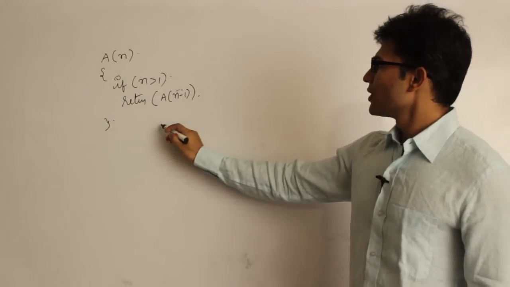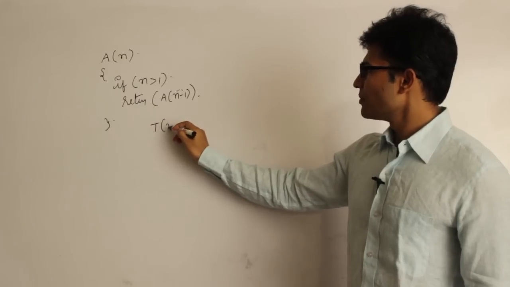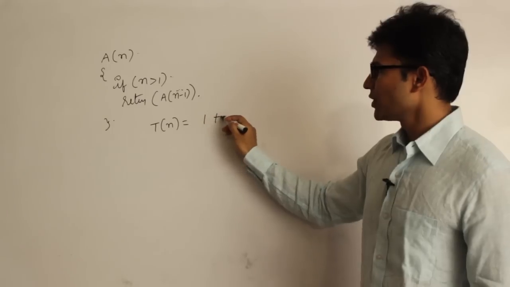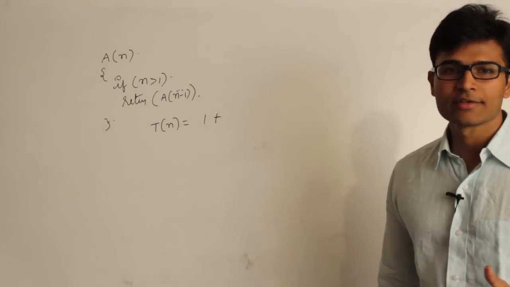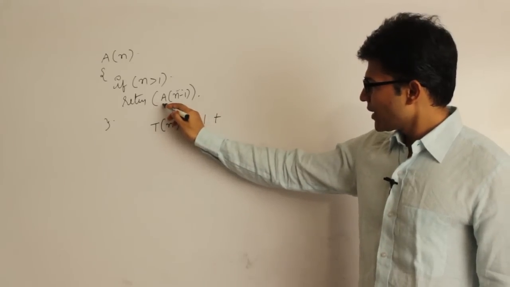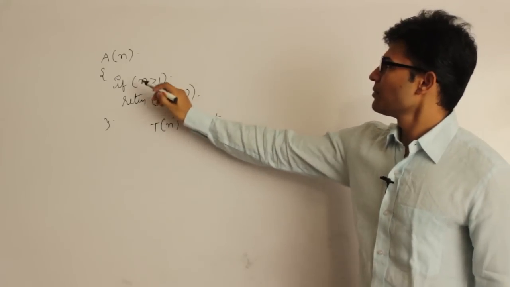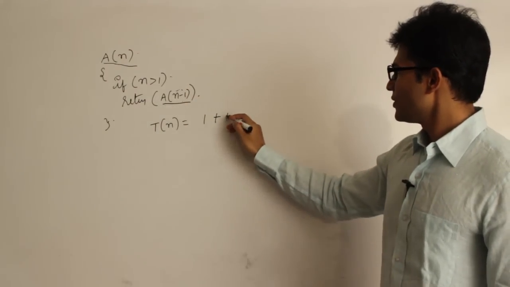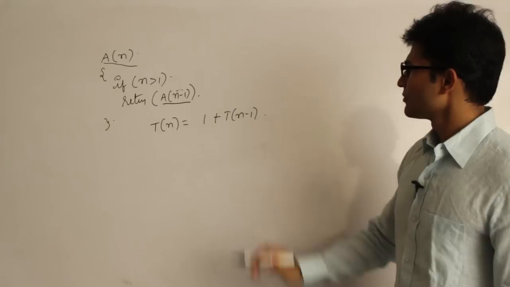So the recursive equation will be T of n equal to some constant time, let us say 1, we could represent the constant time using 1 or c, it doesn't matter. And then the time taken to solve A of n minus 1 will be T of n minus 1, isn't it?